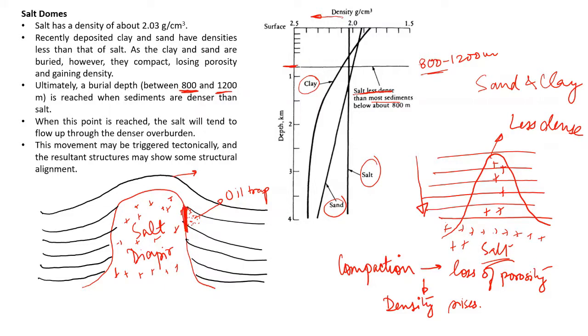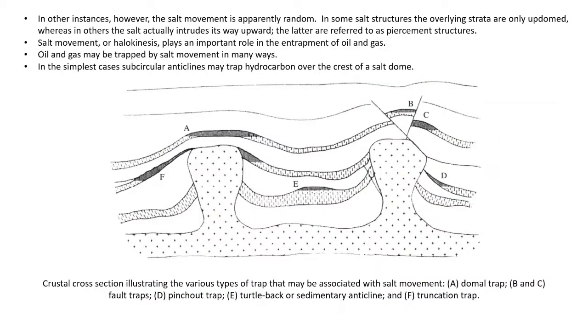This is also a very important type of trap. Now, once this pushes itself up, then you may again see the formation of some types of structural traps because of the folding of the strata.